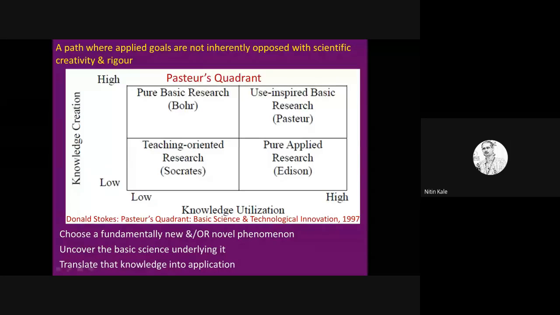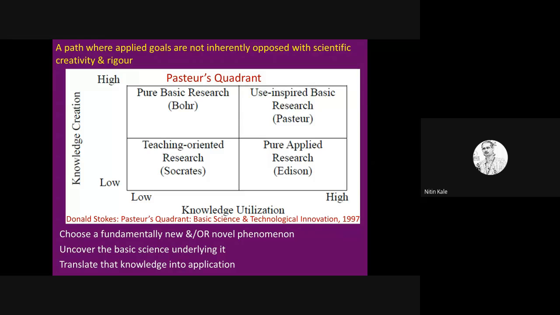Edison required something like 40,000 experiments to determine the material for the electric bulb. So utilization was there, but creation was not, because that material could be found out in maybe half a dozen well-planned experiments. That is what his competitor Tesla used to say.